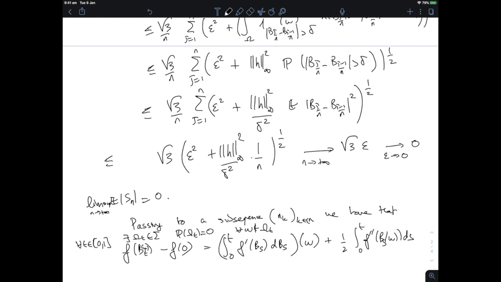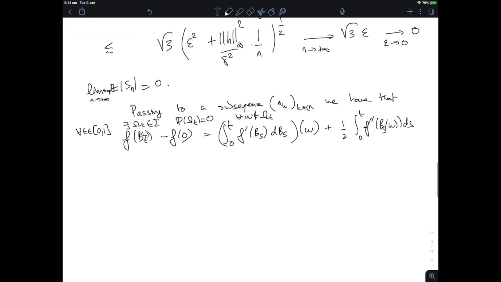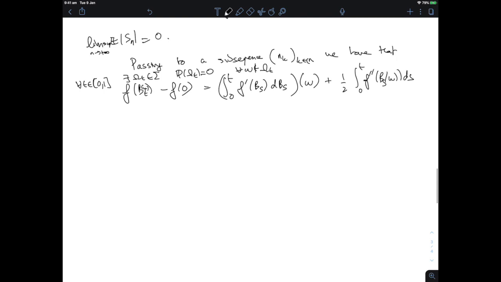It's for every t there exists a set of measure 0. But now we use our classic continuity trick. We know that all of these processes are by definition continuous processes, and the Ito integral in particular is the unique continuous process that matches this value.